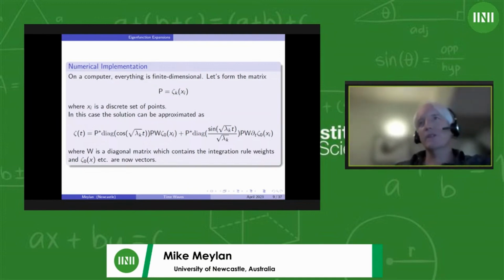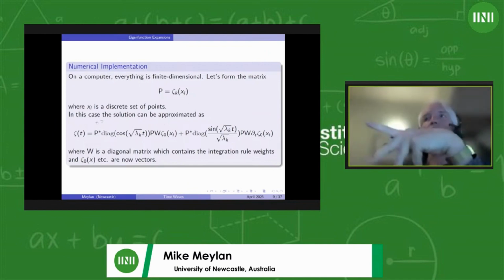I want to write a matrix here because that's our notation, right? It's a diagonal matrix which contains the integration rule weights. So if we've got lots of x_i's, then the w's are going to be small, because it's basically the step size or something like that. So hey presto, we've ended up with exactly the same expression for the solution for this problem, right?